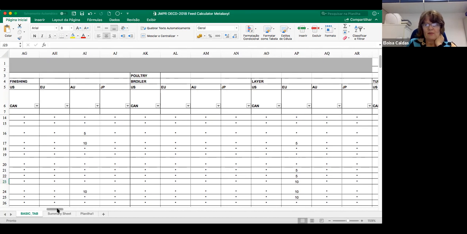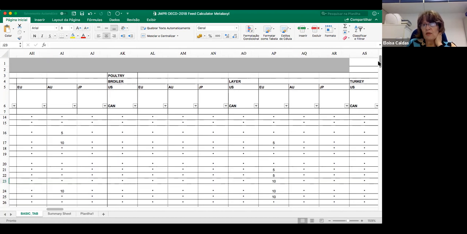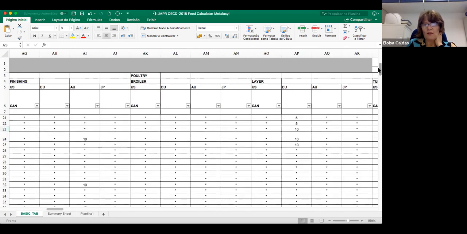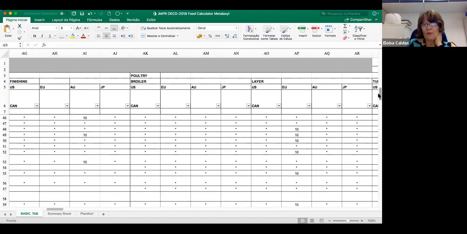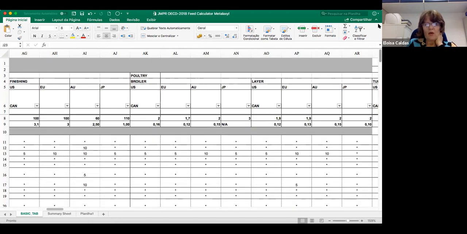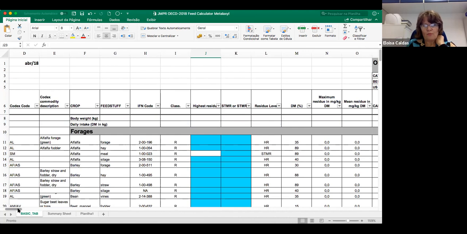For example, for layer poultry we basically have consumption for some crops only in Europe. You can go down and see that for layer it is basically data from Europe. But the calculator just makes the estimation with the data that you provide.